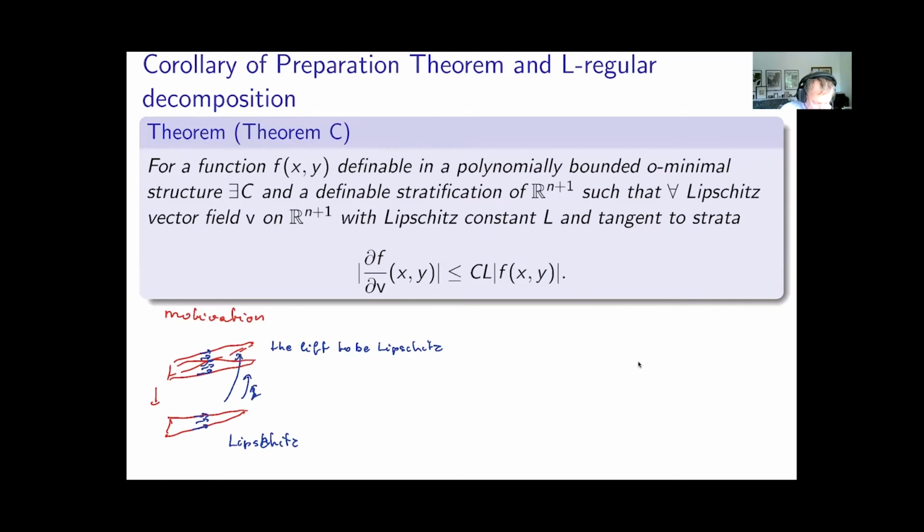I used before maybe eta 1 and eta 2. One property you need is that when you take two vectors in the lift which live over the same point, the vertical component of this lift is bounded by the distance between these two points.